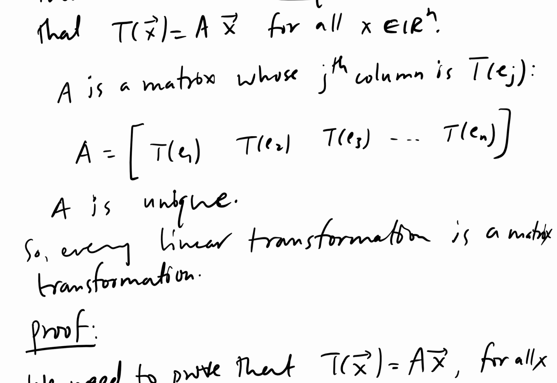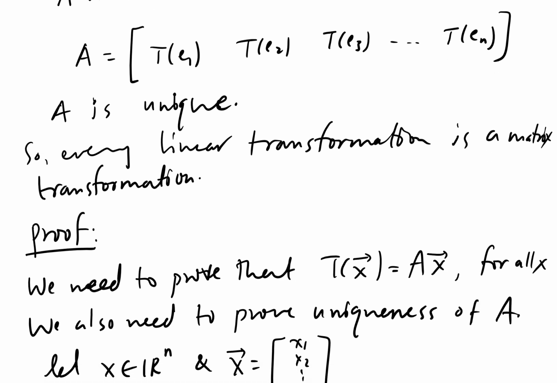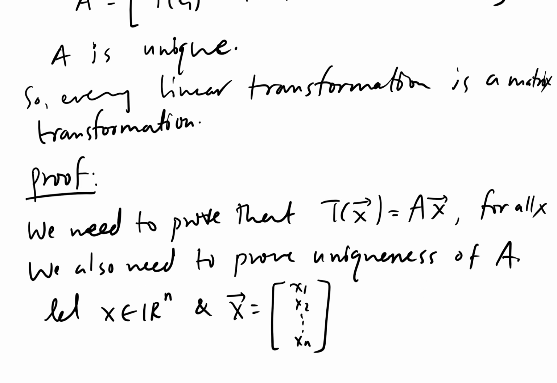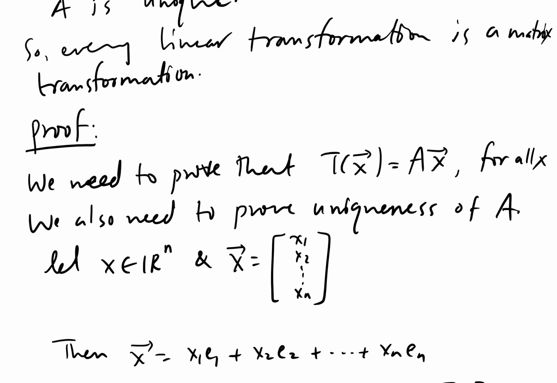We need to prove two things. We need to prove that T of x gives me Ax for all x, and also the uniqueness of A. To do so, we took x to be any vector in Rn with components x1, x2 all the way to xn, and then we rewrote x as x1 e1 plus x2 e2 all the way to xn en.